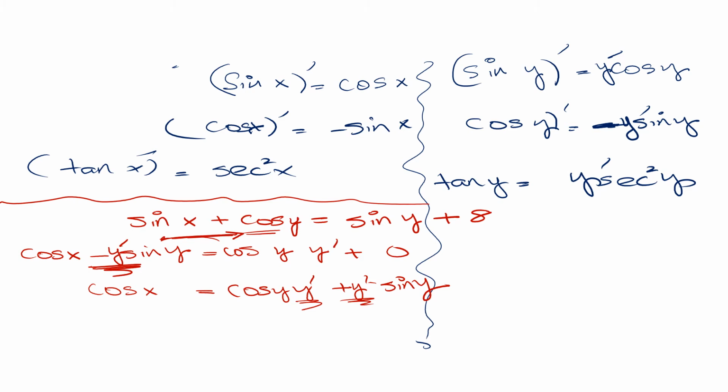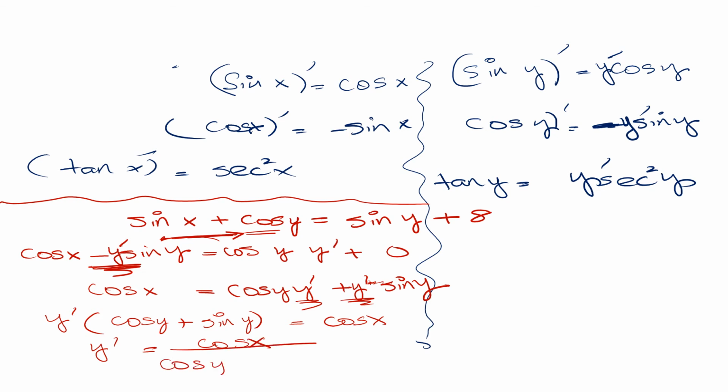There is nothing here. Okay, so you will have cosine x, that is, take the y prime common, you will get y prime times cosine y plus sine y equals cosine x. And then divide both sides by cos y plus sine y, giving cos x over cos y plus sine y. That's right. This is our final answer.